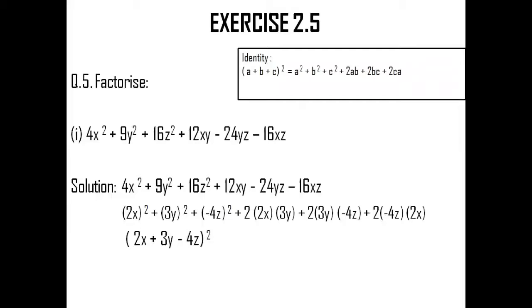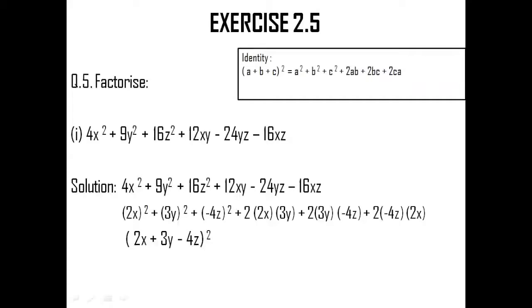Don't you think that we have somewhere seen these kinds of polynomials? Yes, this polynomial is very similar to the identity that was used in the previous questions, wherein we use the identity (a plus b plus c) the whole square is equal to a square plus b square plus c square plus 2ab plus 2bc plus 2ca.